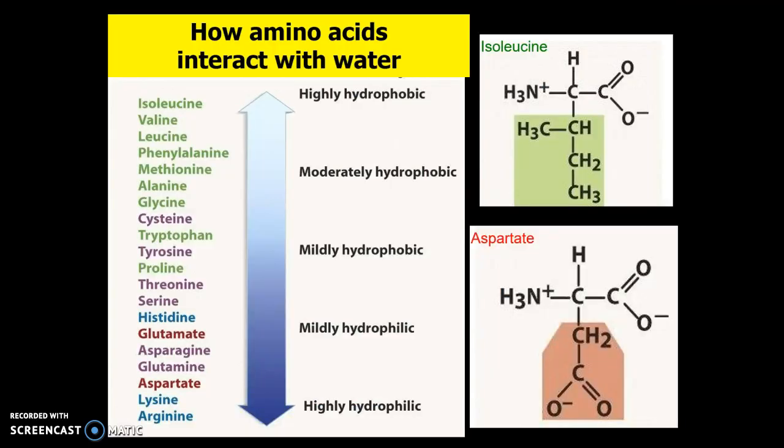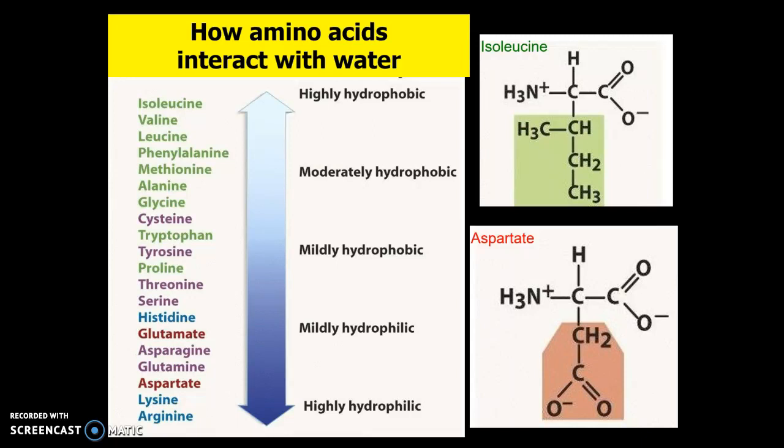And so every amino acid has some amount of hydrophobicity or hydrophilicity. The more charged something is, like arginine and lysine, the more hydrophilic it's going to be. The more long hydrocarbon chains it has, like isoleucine, valine, leucine, the more greasy it's going to be, and so the more hydrophobic it's going to be, because oil and water don't mix.